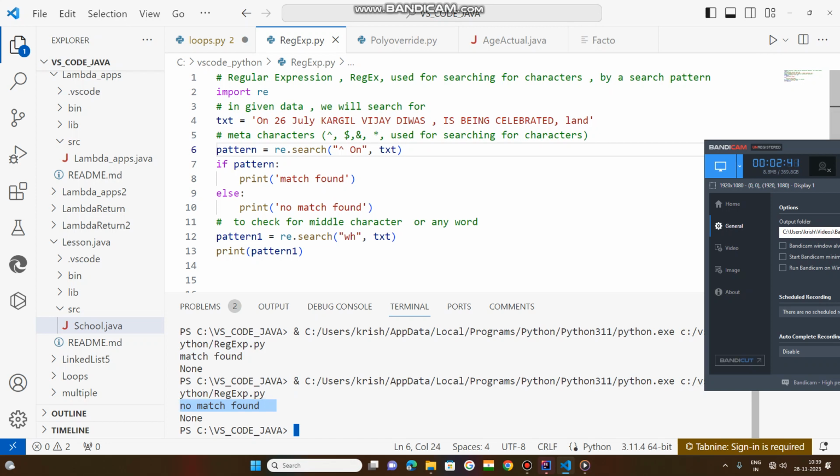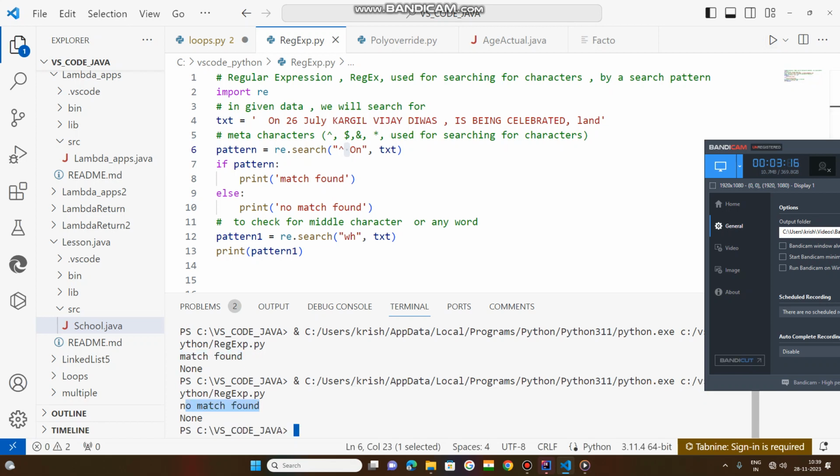No match found means you are looking for a word starting with on. The caret symbol indicates that the word starting with on must have one white space, but here there is no white space. If you provide one white space, surely you will get match found. If you increase the white space one more time, here two white spaces are here, but here only one white space. So here the expected answer is no match found.